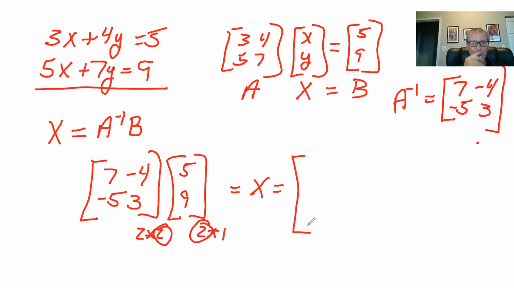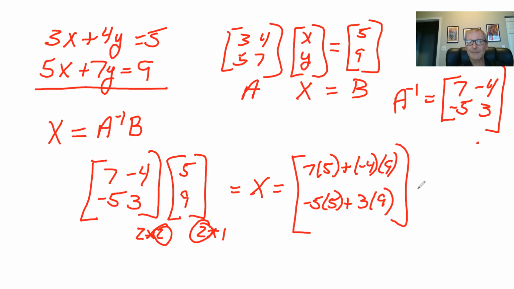So let's see what the first one is. That would be 7 times 5 plus minus 4 times 9. So first row, and obviously we only have one column. And the next one would be minus 5 times 5 plus 3 times 9.